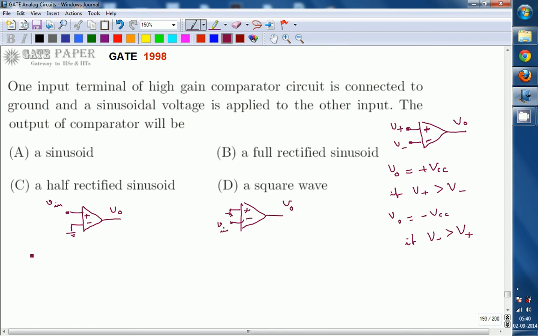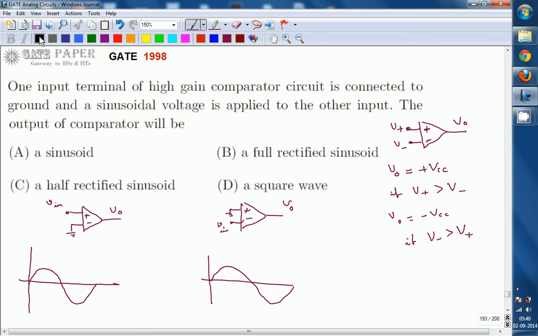In both cases, say this is the sinusoidal signal we are applying, and I am drawing only one cycle. So what can be the output?